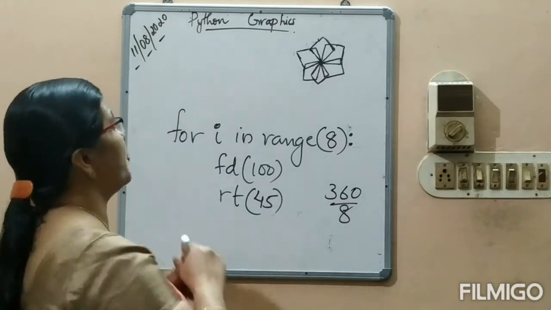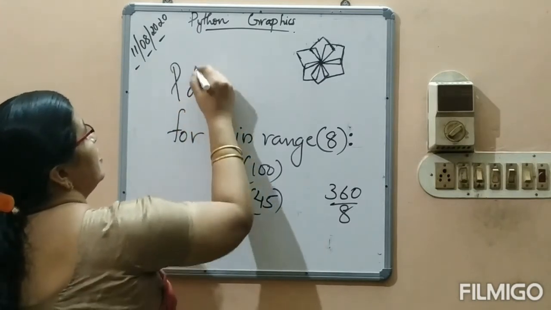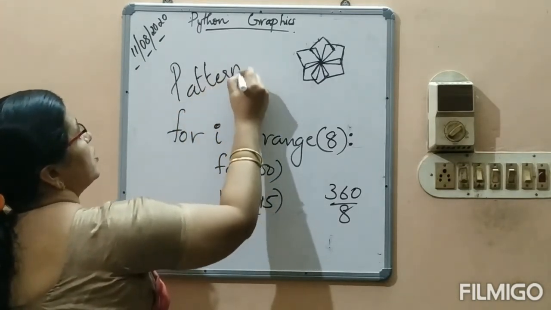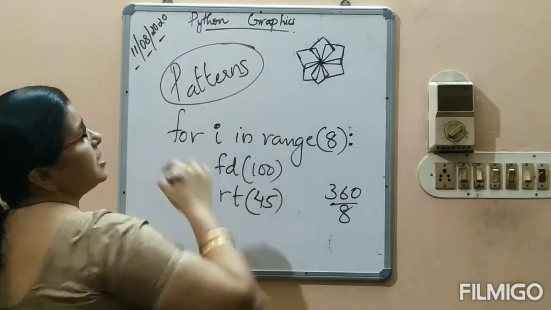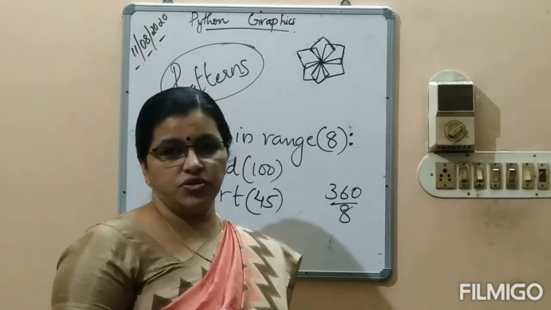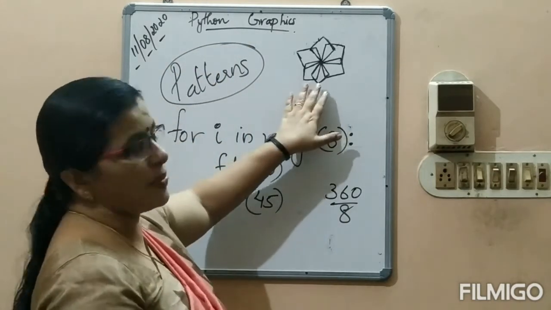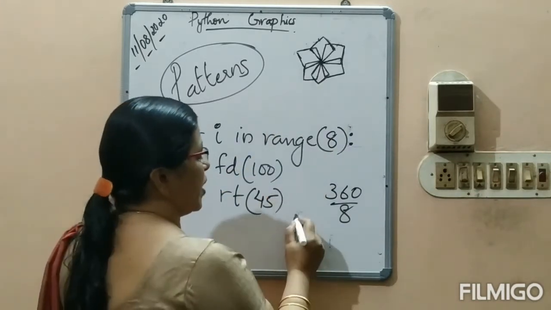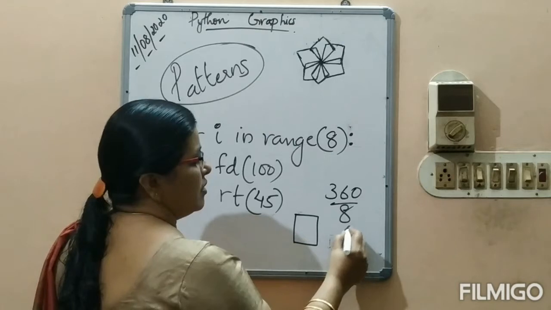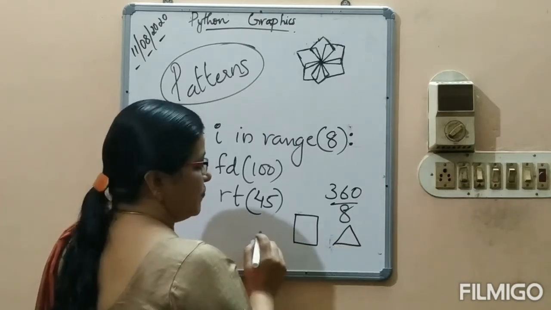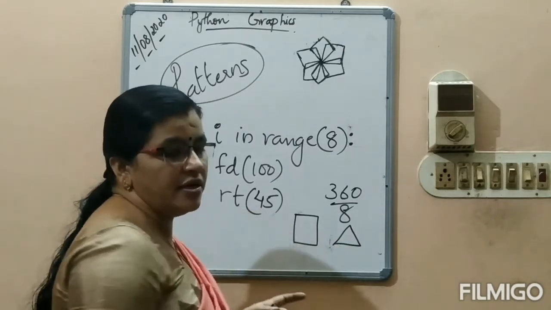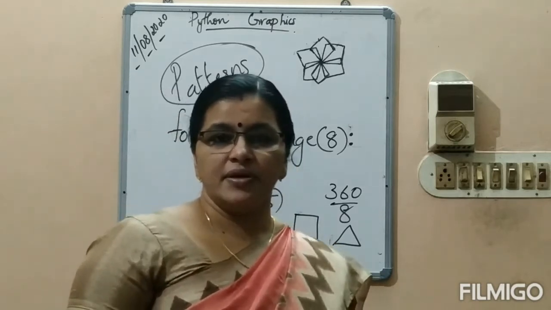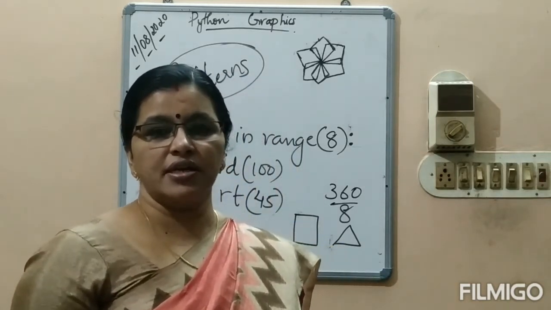Today we are going to learn patterns. How will you draw patterns in Python graphics? See, this is a pattern. We have learned to draw a square, a triangle, then a pentagon, hexagon, octagon.